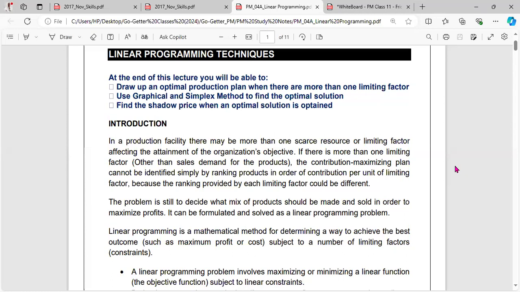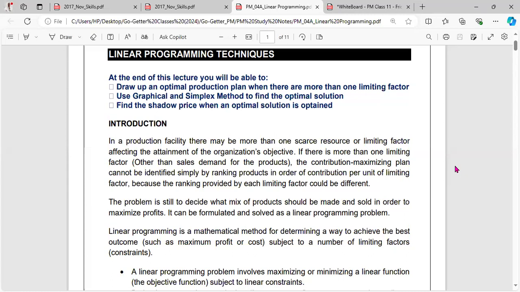Now, I must tell you that for the past 10 years, ICAN has perhaps set a linear programming problem twice. So this is not much an area that I can test that much, but that doesn't mean you shouldn't know it, because I can put that in your syllabus that you should know it. And so anytime they could test it.